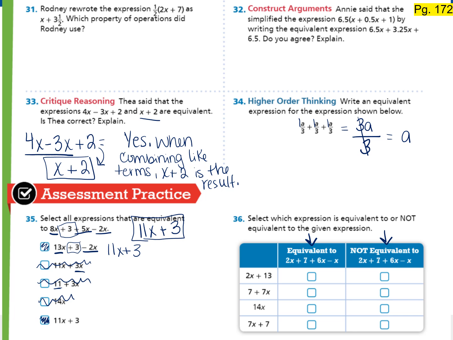Number 36, let's combine these. You have 2x plus 6x minus x. So 2x plus a 6x would make 8x minus, remember there's a 1 in front of it, so 8x minus 1x makes 7x, and then you have that plus little 7 that's on its own, so plus 7.